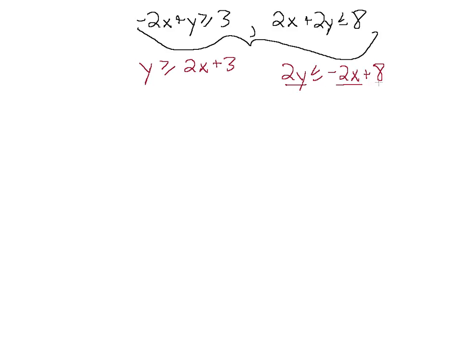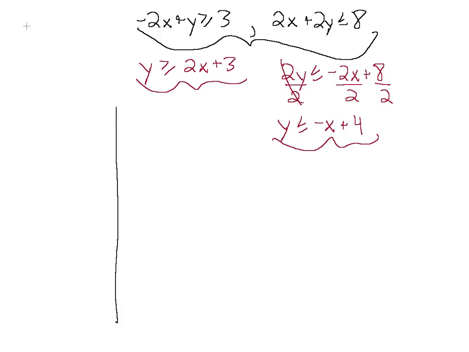Let's divide everything through by a positive 2. That'll get our variable y by itself: y is less than or equal to minus x. Minus 2 over 2 is just minus 1, plus 8 over 2, which is 4. So we have both of our linear inequalities in slope-intercept form.